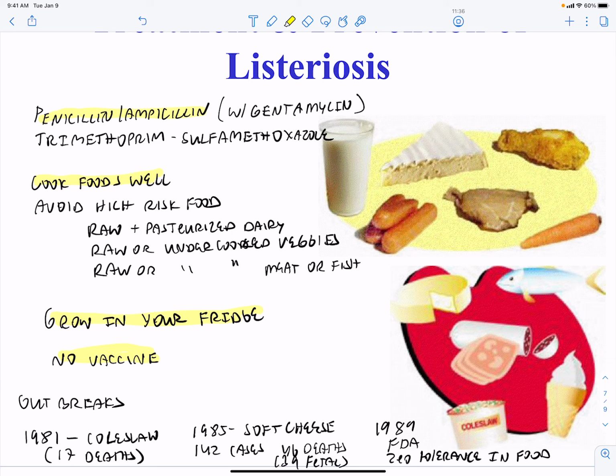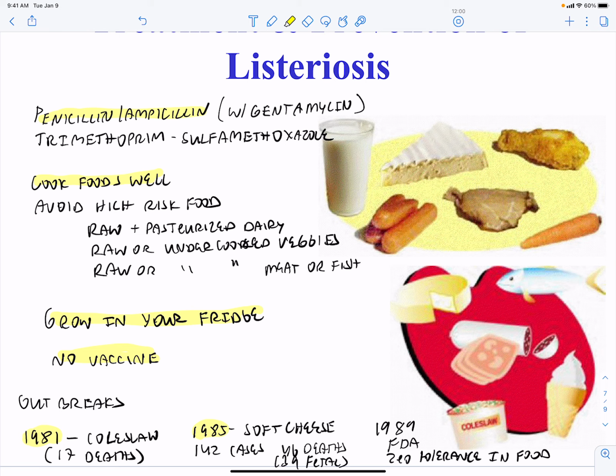And so just a little history about listeriosis is that there was an outbreak in 1981, which is the first confirmed outbreak. It was associated with coleslaw, and there were 17 deaths associated with that first outbreak. In 1985, there was an outbreak that was associated with soft cheeses, in which you had 142 cases and 46 deaths.